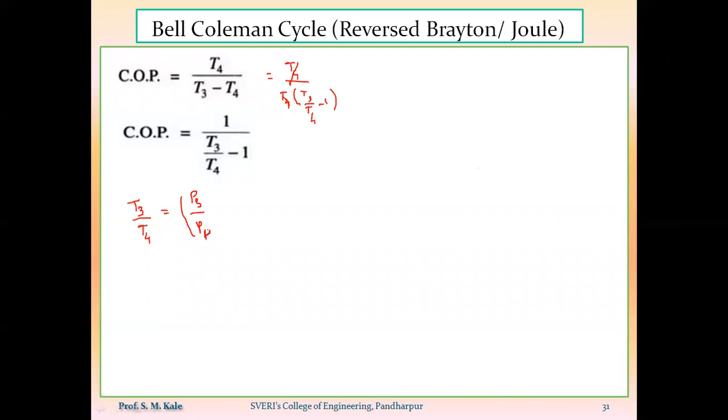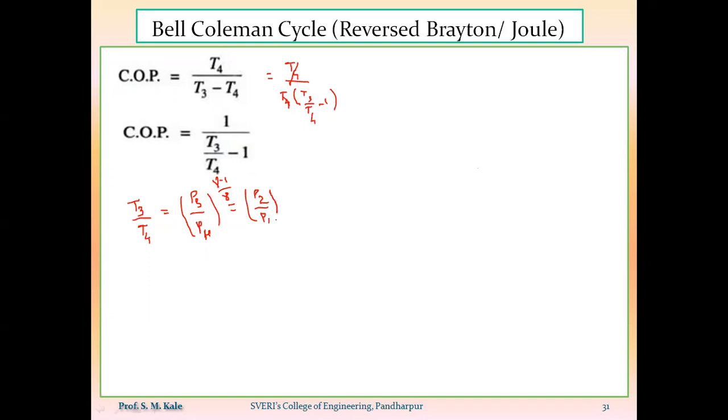As process 2 to 3 is a constant pressure process, instead of P3 I can write P2, and as process 4 to 1 is again a constant pressure process, instead of P4 I can write P1.